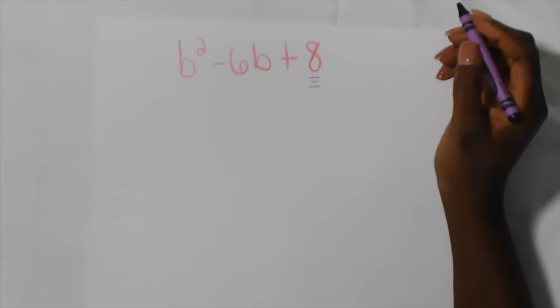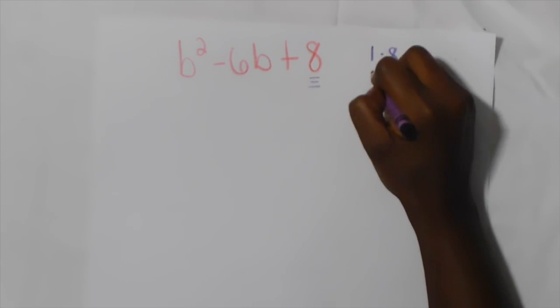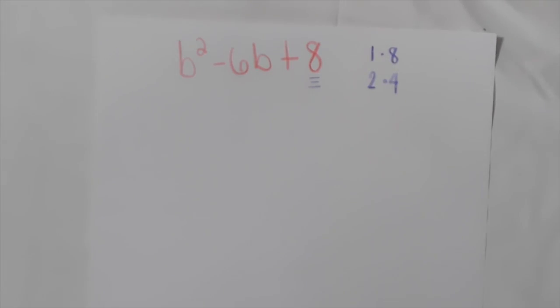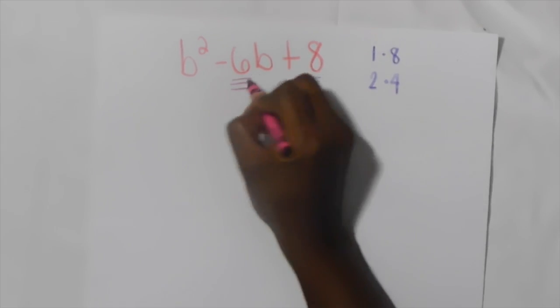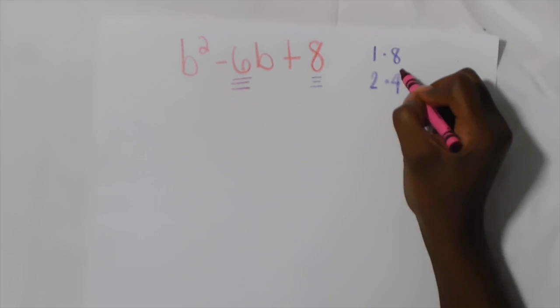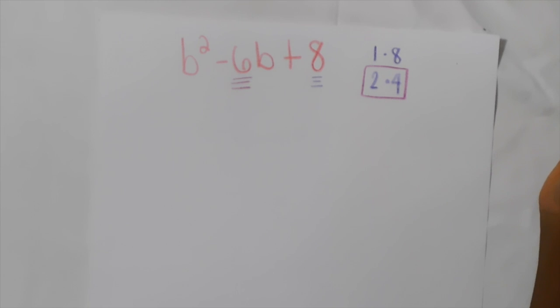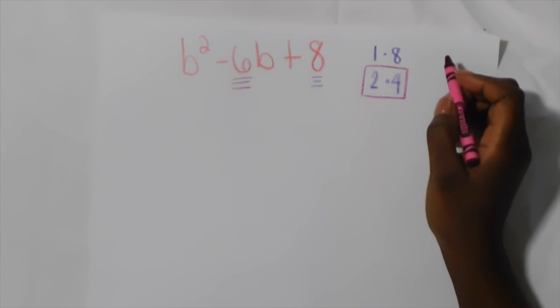The next thing we're going to look at is the 6. Which one of those pairs between the 1 times the 8 and the 2 times the 4 is going to give us a 6 by addition or by subtraction? Clearly that pair has to be the 2 and the 4, because 2 plus 4 is going to give me a 6.